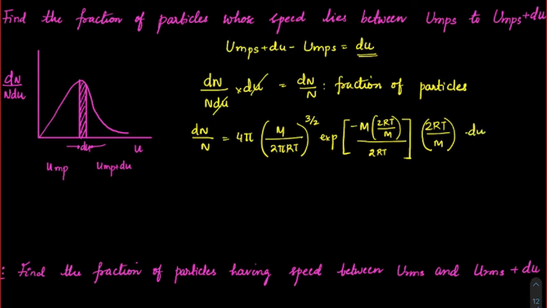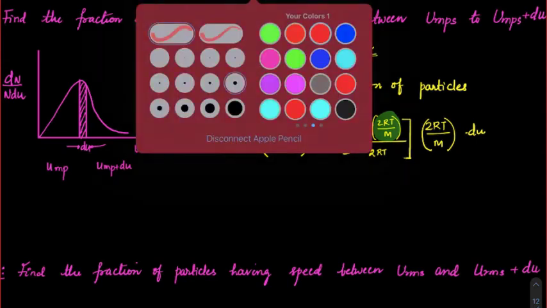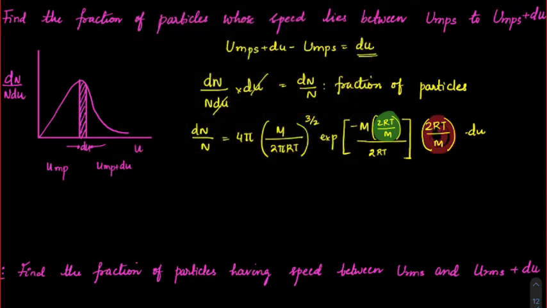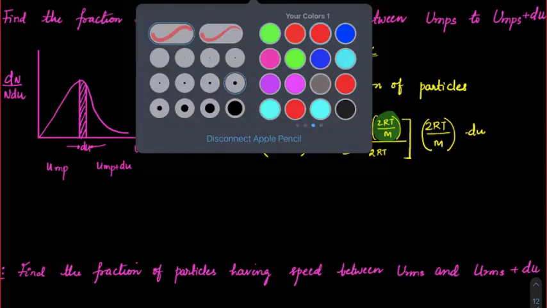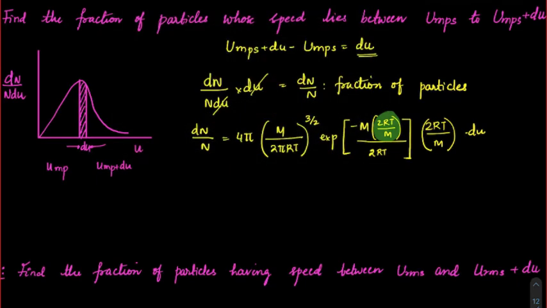Why am I writing like this? You know, this part which I have written, 2 rt by m, is nothing but u square, right? In the formula, if you remember, that would be u square, and after that again you would get this as 2 rt by m, that is also u square. So these two terms are actually u square terms.